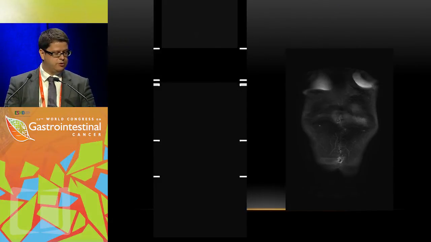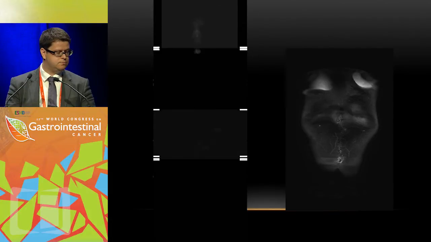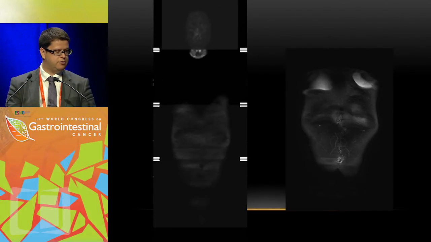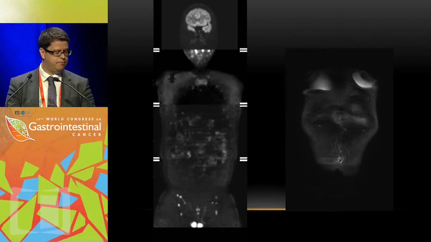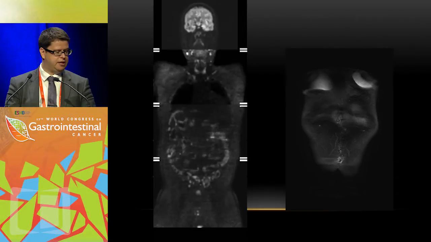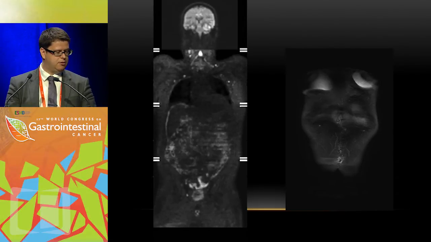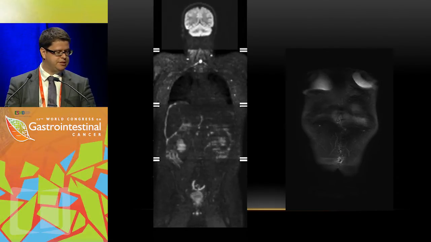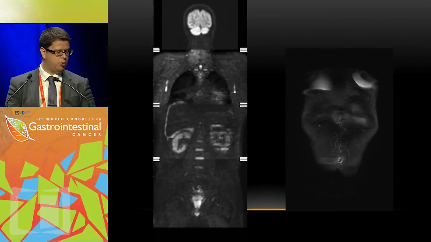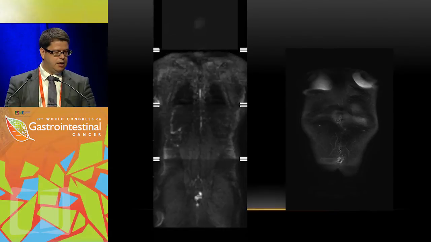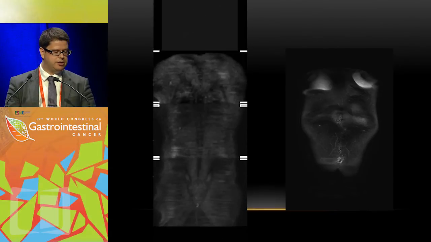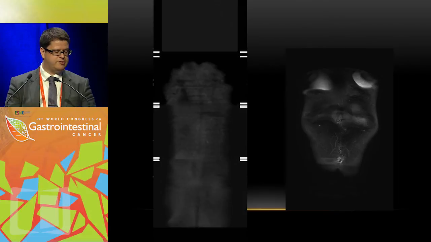So when we go to the diffusion MRI, the head of the patient, the torso, the abdomen, you can see the diffuse disease. Also the diffuse disease on the bowel. These are all small dots on the bowel and around the sigmoid. And this is why we use the advantage of diffusion MRI over contrast enhancement.